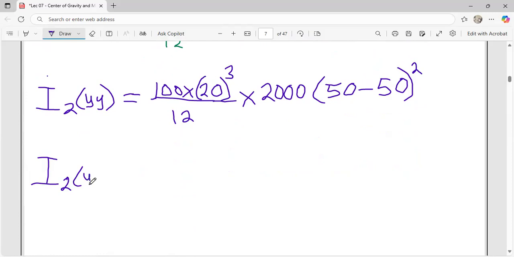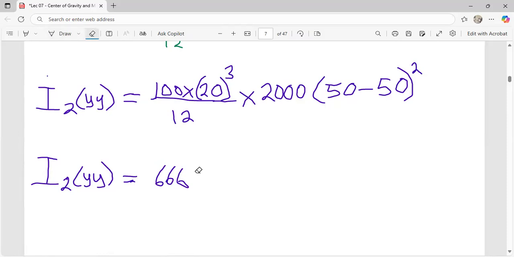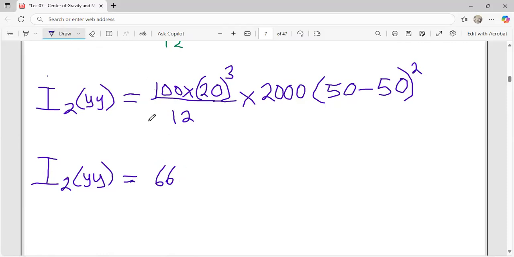After punching all of this in the calculator, you're going to be getting 6.666. You can choose to leave your answer in decimals to work with it, or you can also choose to work in standard form. It's a decision. At the end of the day, you're going to get the right answer.